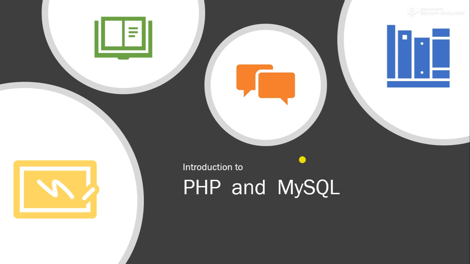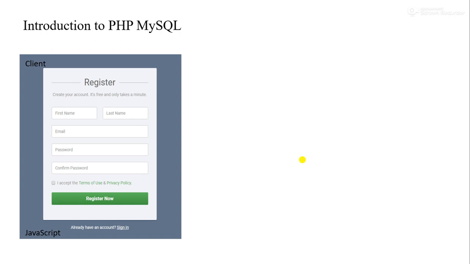So in this first video I'm going to give a brief introduction about PHP and where we need to use PHP programming. So consider this is a client, or this is your system where you need to fill up this registration form. So this registration form can be designed using HTML, CSS and JavaScript.